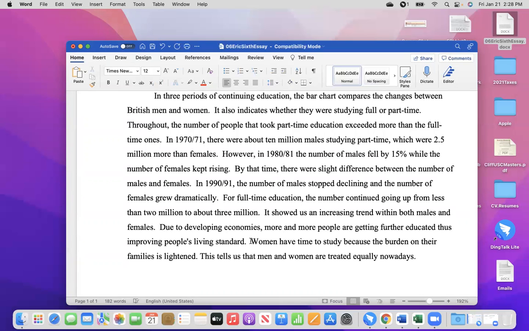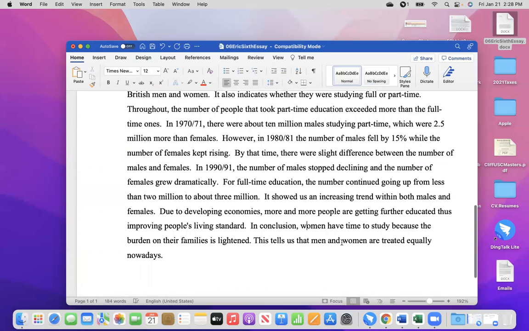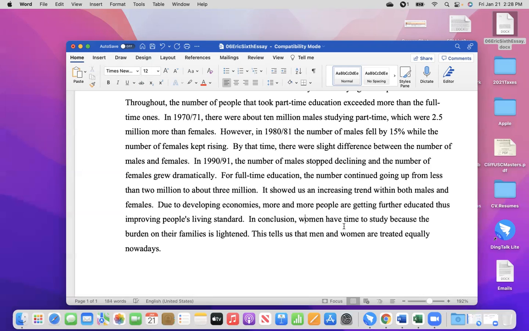In conclusion. Fabulous, I was just thinking the same thing. Or you could say in summary. There's many different ways to end an essay. So in conclusion, women have more time to study because the family burden has been lightened.